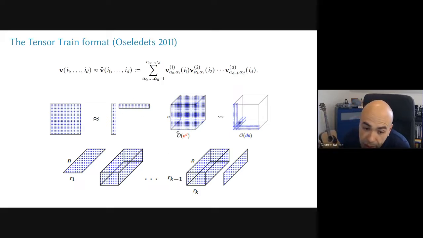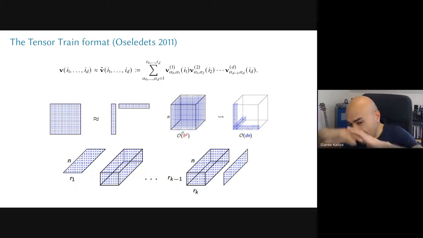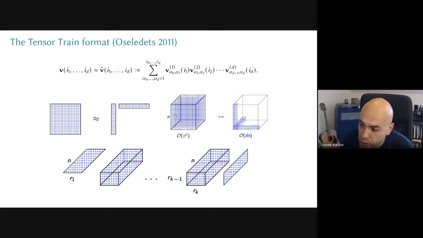So in d dimensions, you will have n to the d degrees of freedom, which is a lot. It's like zillions of nodes if you do the full expansion. But if you do this sort of compression, now you don't have an exponential dependence with respect to the dimension, but you have a linear dependence.